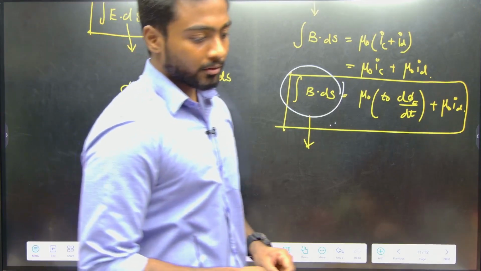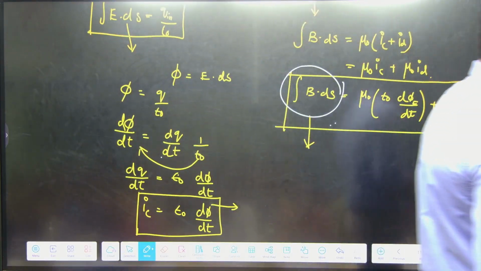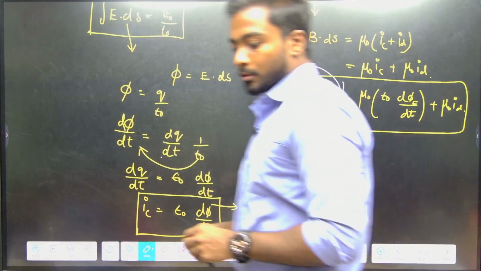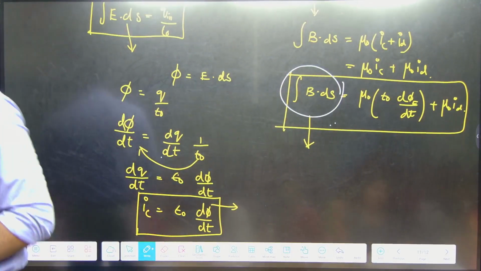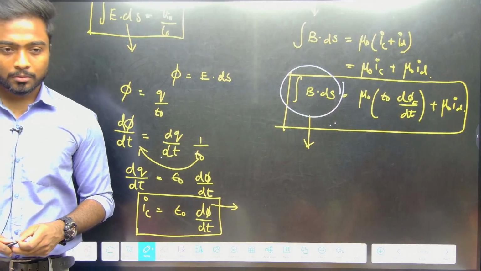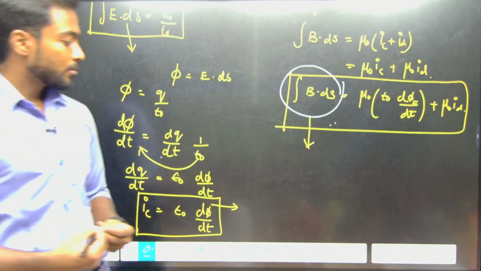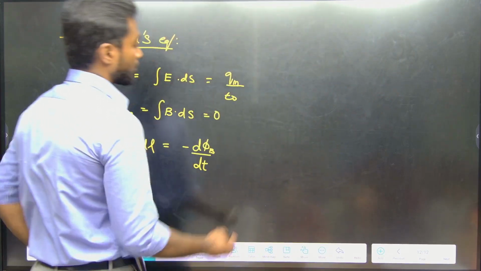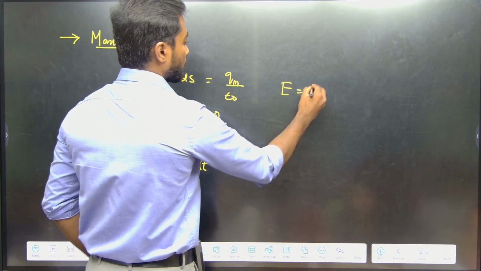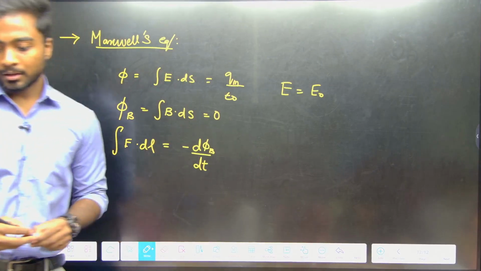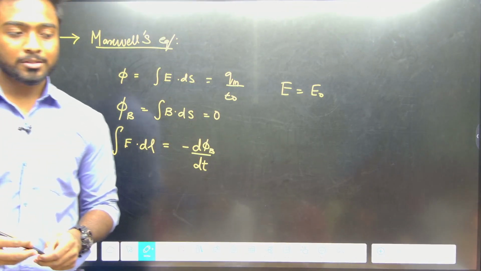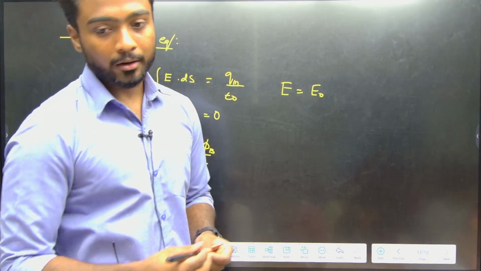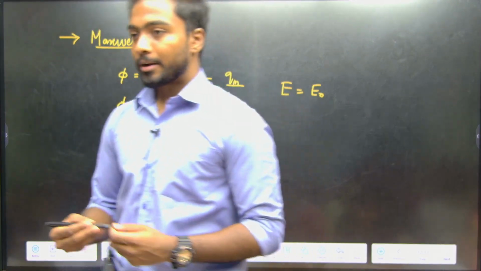Write down note points. E equals E naught sin of kz minus omega t.